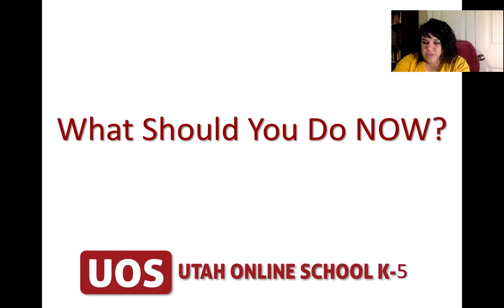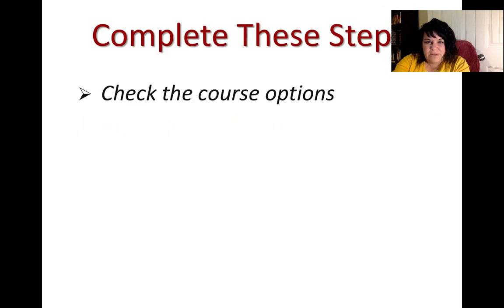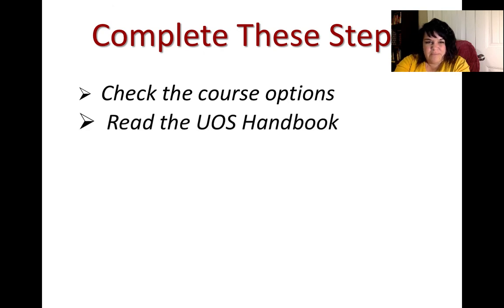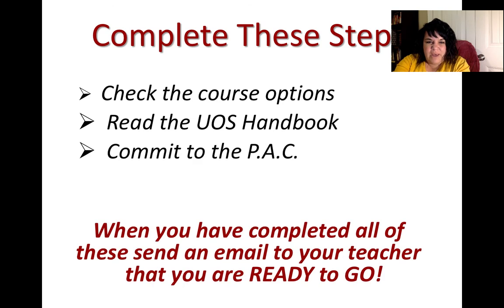All right, so what should you do now? Here are some steps to helping you get to where you need to be. Check the course options, read the UOS handbook, commit to PAC, and when you have completed all of these, send an email to your teacher that you are ready to go.